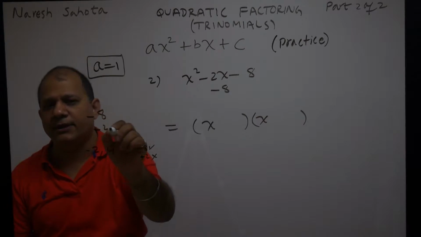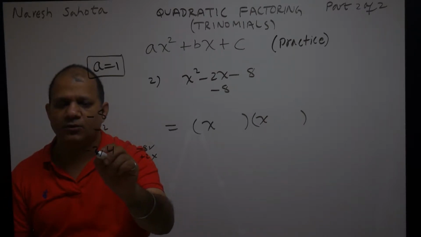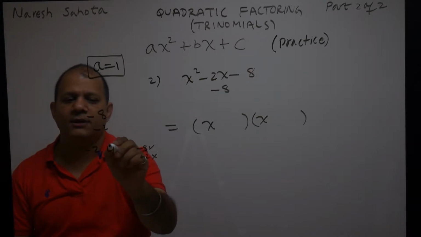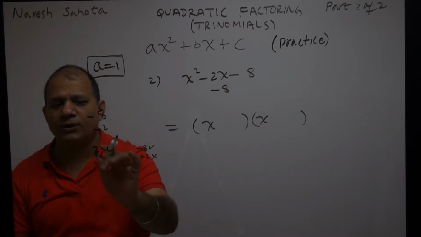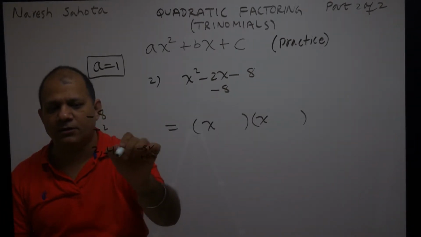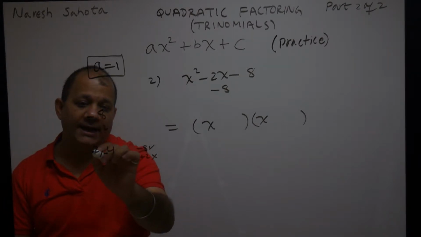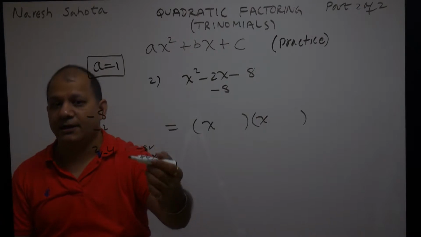You want to end up with negative 2 when you add them, right? So it makes sense that the negative be placed on the larger number, because when we add, we want to end up with the negative number. If we have a negative on the larger number, then when we add to positive 2, we'll get negative 2. So that's something you can think ahead.